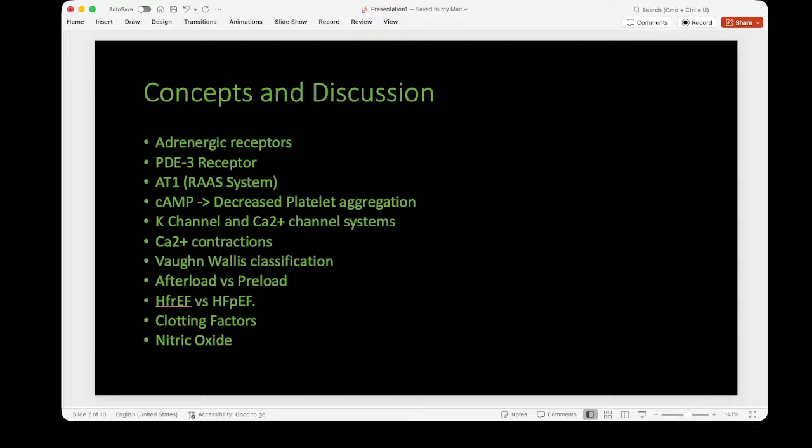So think of preload like preparing, preloading, loading it into the heart, and then taking it out of the heart is the afterload. And so, those kinds of concepts are important to understand.